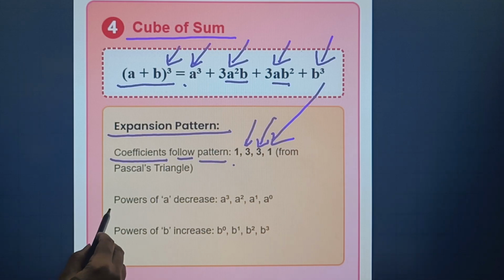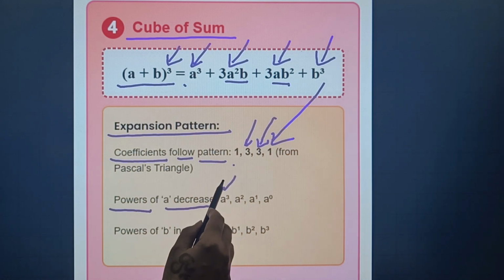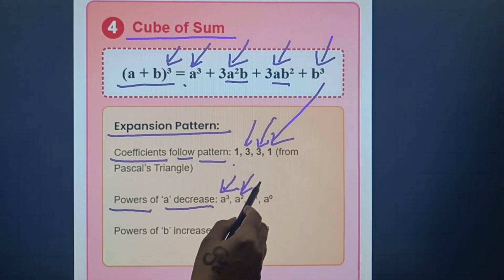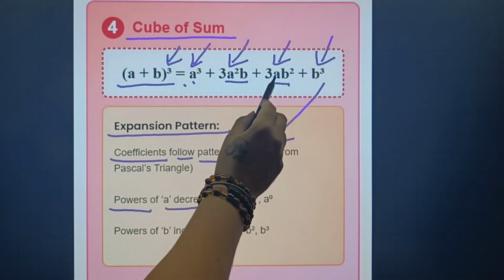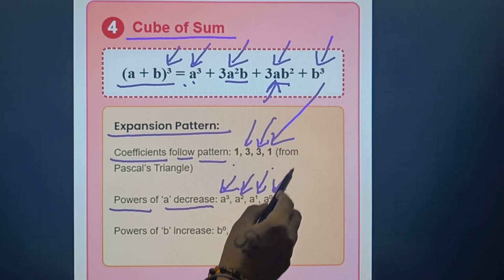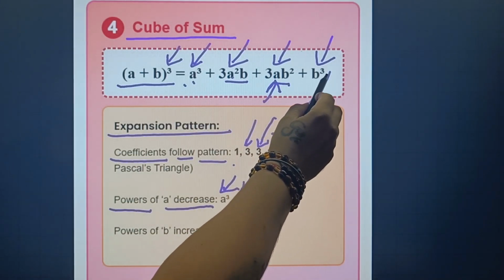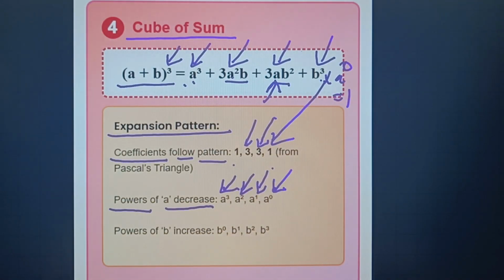And here the powers of a decrease. That means a cube, then a square, then a raised to the power 1. You can see here a raised to the power 1 and a raised to the power 0. Obviously a raised to the power 0 is 1.